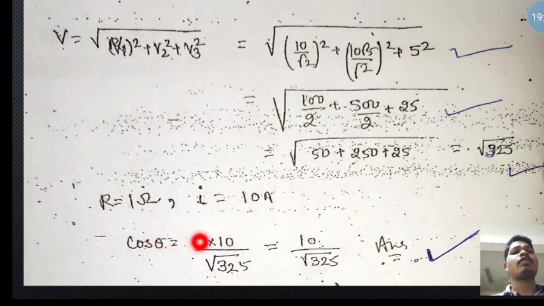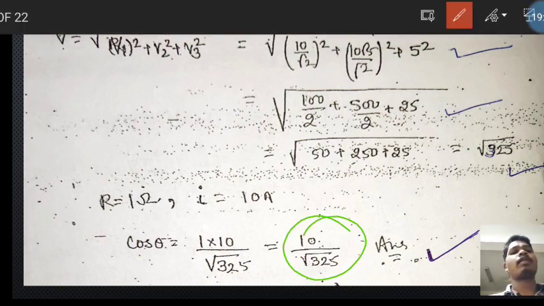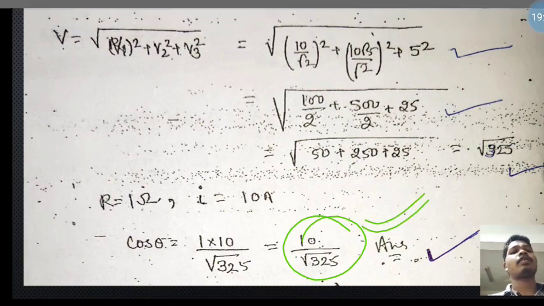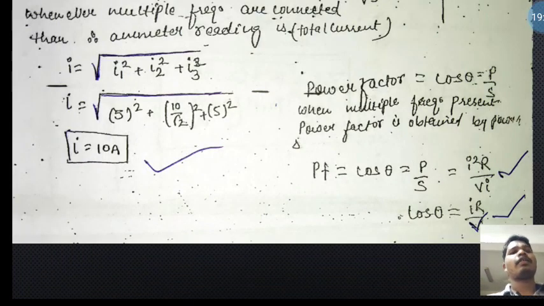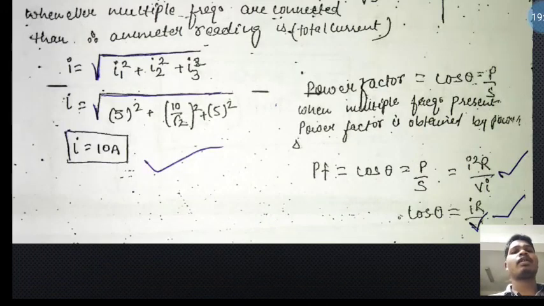So cos theta is equal to R I divided by the square root of 325. After calculating this, we will get 10 divided by root 325. Okay. So this is our power factor, and this is the voltage, and this is the current. Okay. So all those things are here.